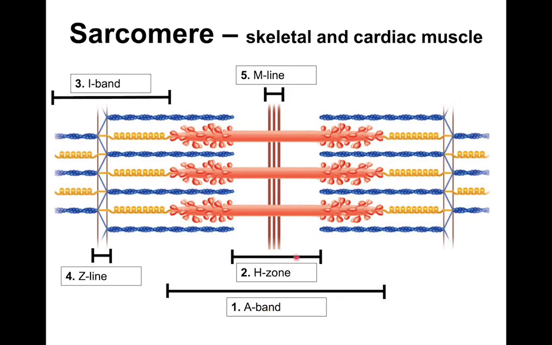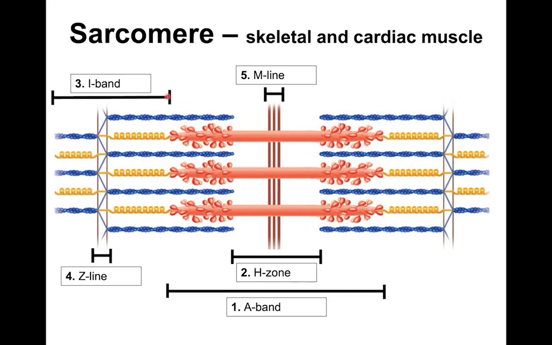At the center of the A band, we have a relatively lighter area which contains only thick myofilaments, or myosin, and this area is known as the H zone. At the center of the H zone, we have a structural protein that holds the myosin together. This structural protein forms a line which is known as the M line.